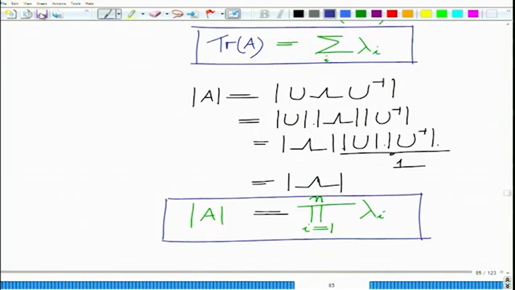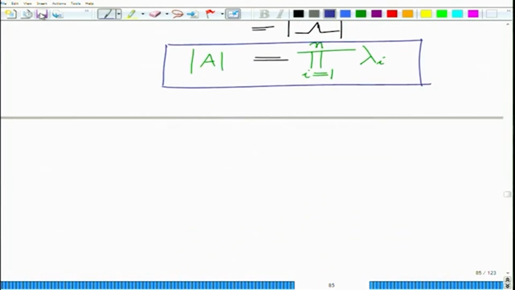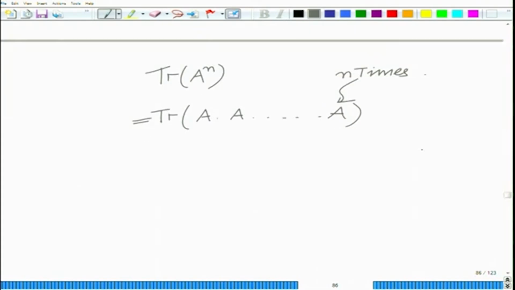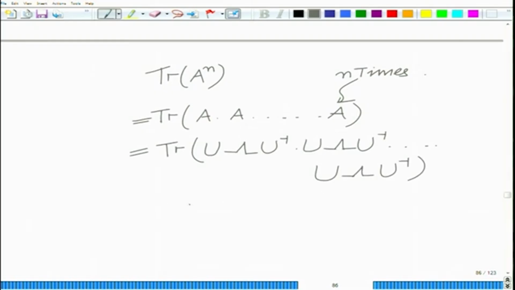Trace of a matrix equals the sum of its eigenvalues. Okay. Now, similarly, you can also exploit this property if you look at the trace of a matrix A raised to the power of n, which equals the trace of A times A, the product n times. We have already seen this for a positive semi-definite matrix, that becomes U lambda U inverse times U lambda U inverse, and so on.